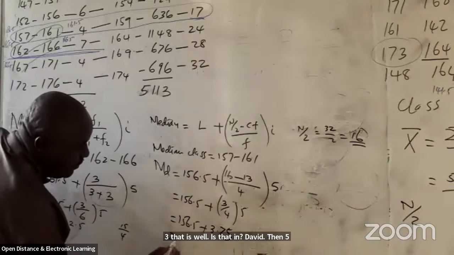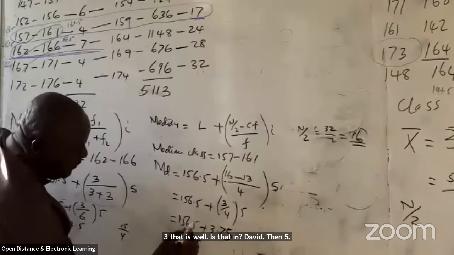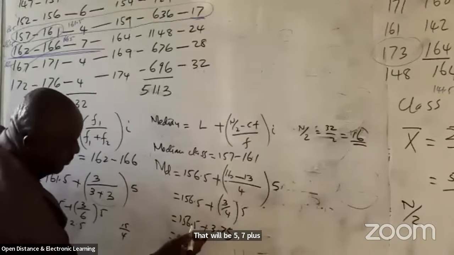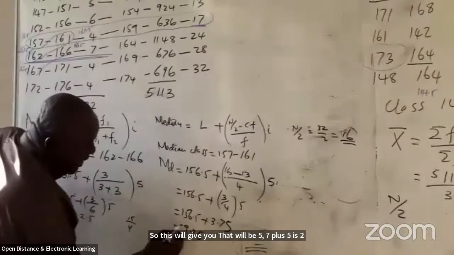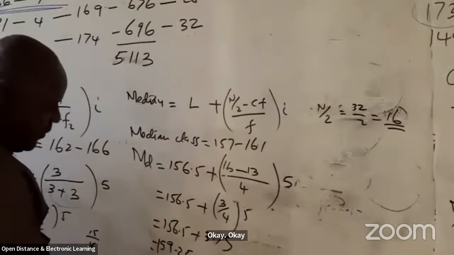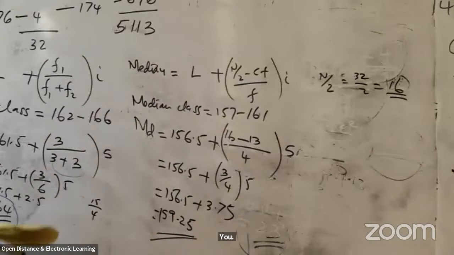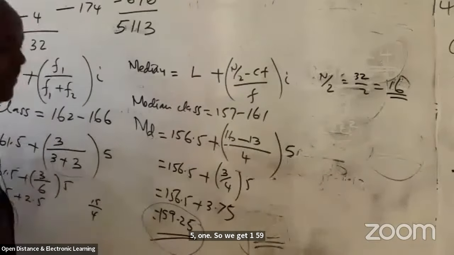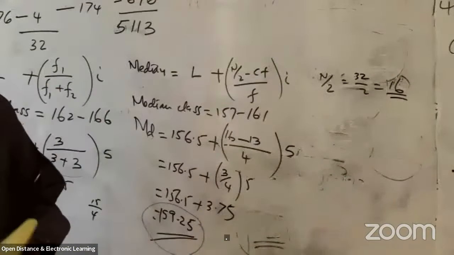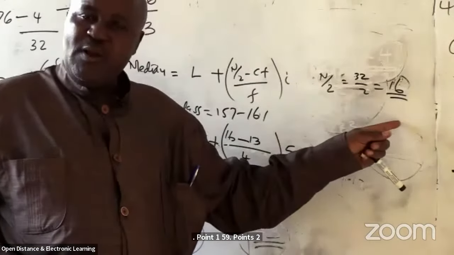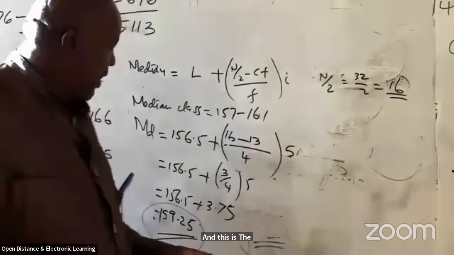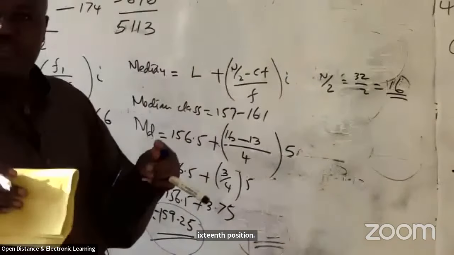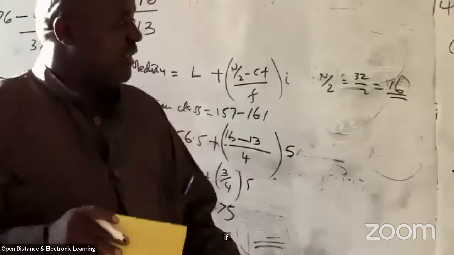So this gives you 159.25. And this is the height of the student who occupies the 16th position. The central value is 159.25.